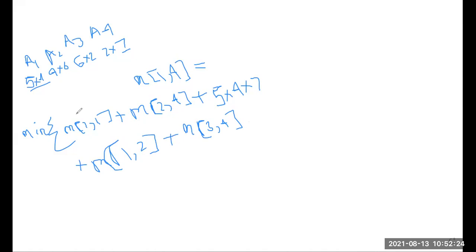So the cost here will be 5 into 6, because this is the resultant we get. This 4 is common. So the resultant we get from A1 into A2 will be 5 into 6.